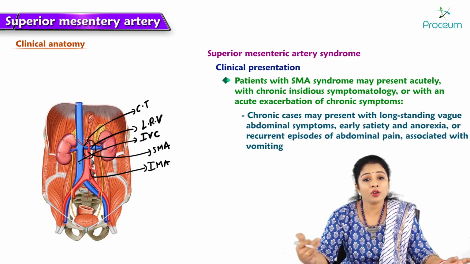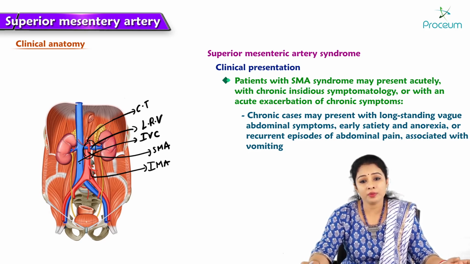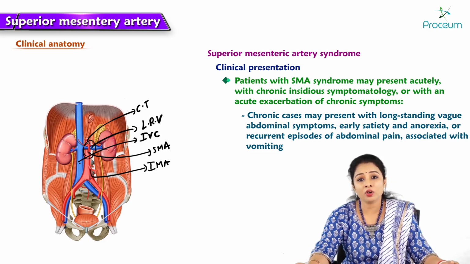And also the chronic cases may present with long-standing vague abdominal symptoms, early satiety, anorexia, or recurrent episodes of abdominal pain associated with vomiting. So all these are chronic symptoms.